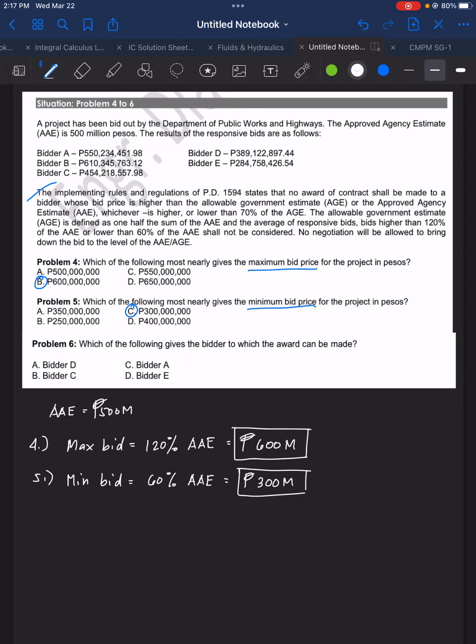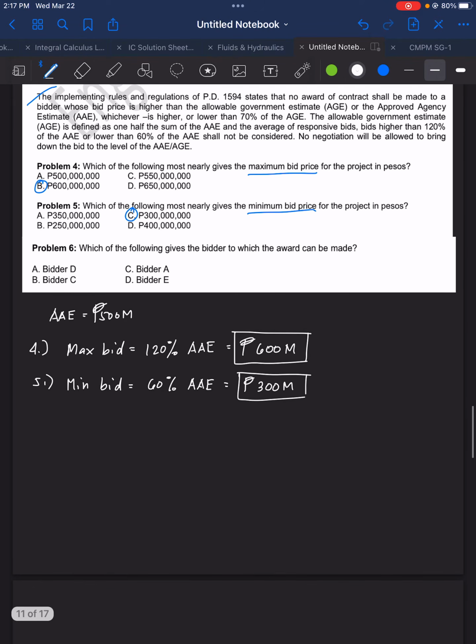So if we interpret that statement, it means for number 6, the winning bid should be less than the AGE or the AAE, whichever is higher between these two. And it should be greater than 70% of the AGE.